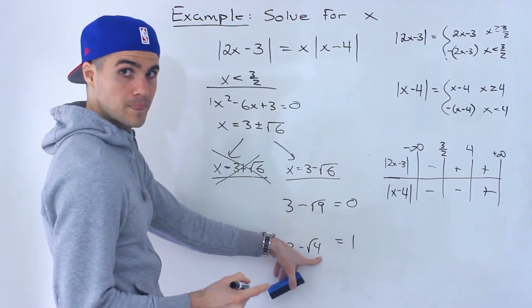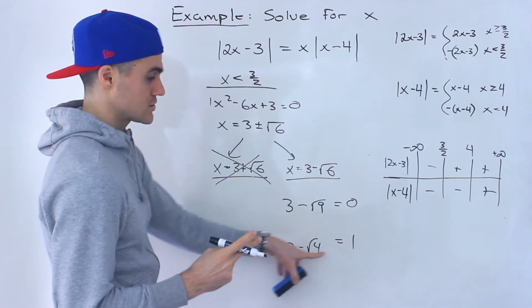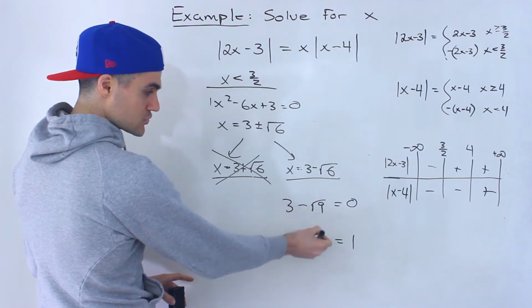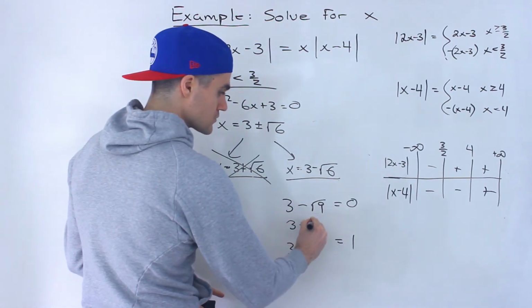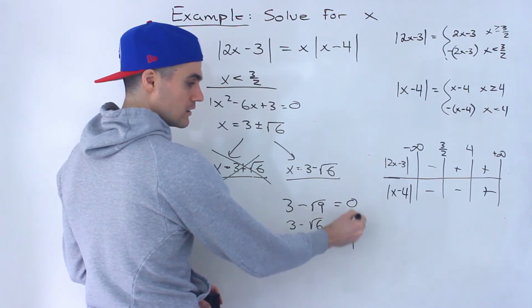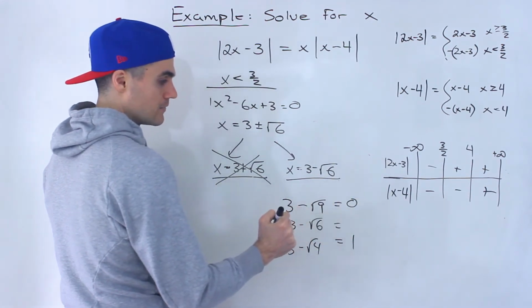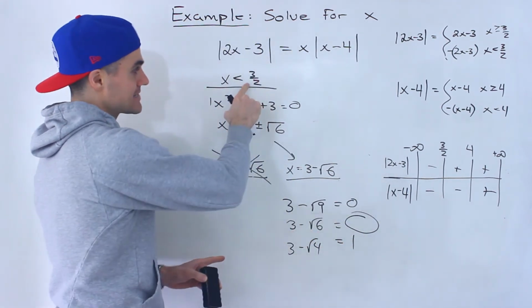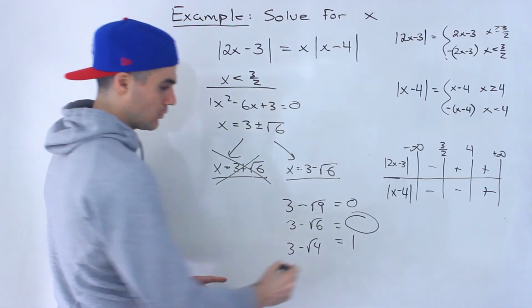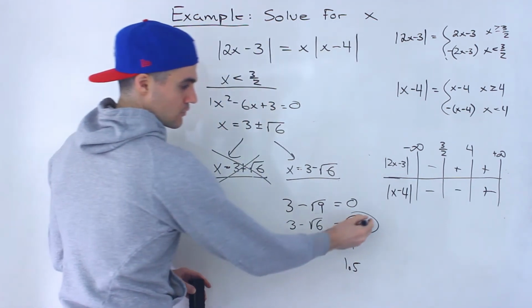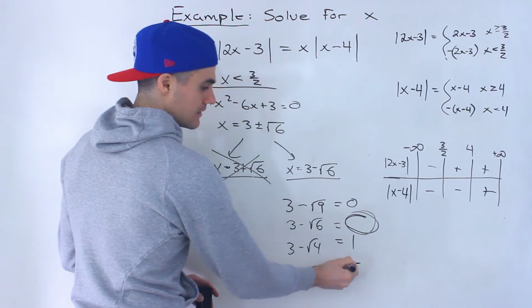Root 4 is 2. 3 minus 2 is 1. And so notice root 6 is going to be between those. So we'll have 3 minus root 6. So even though we don't know what it is, notice it's going to be between 0 and 1. And any number between 0 and 1 is going to be less than 1.5. 1.5 is like over here. Right? So this number is going to be less than 1.5.